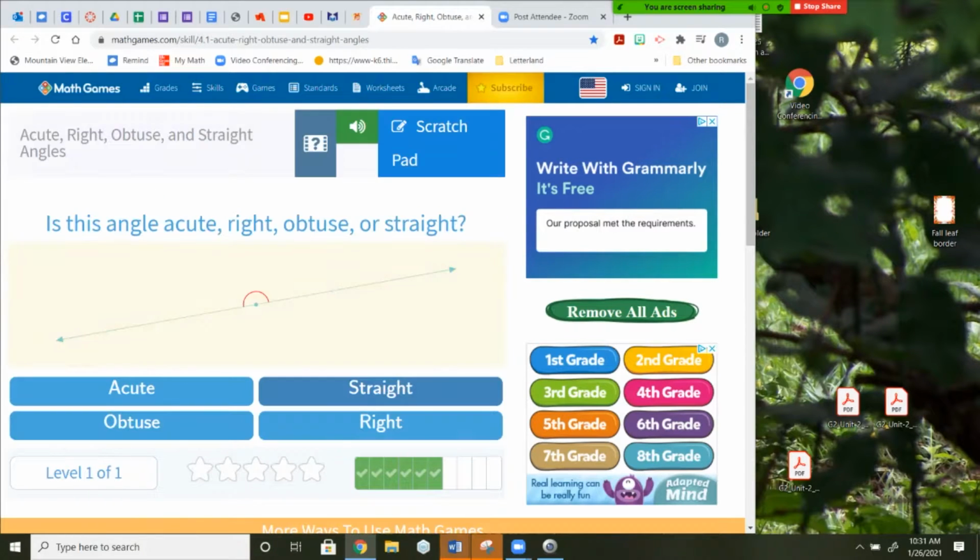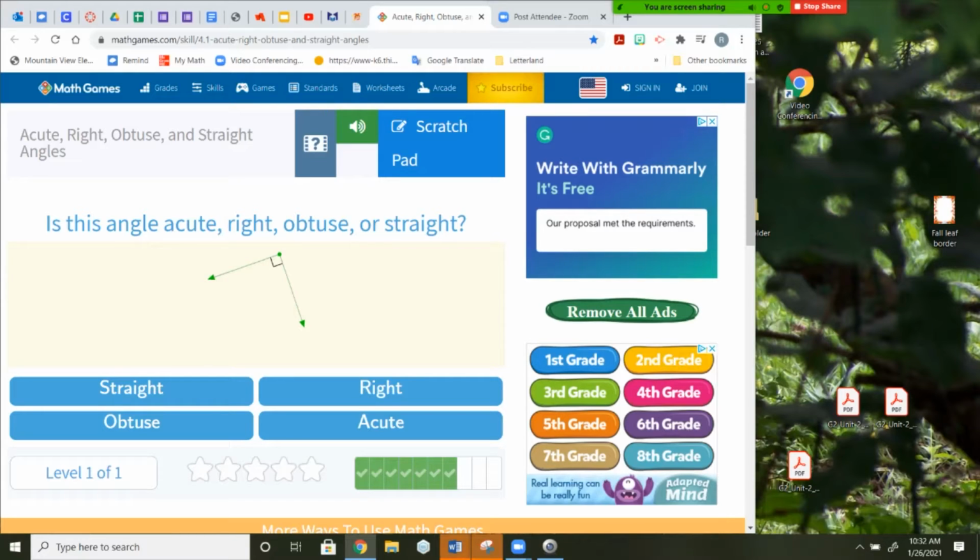Nice work. Now, what about this one? Is it acute, right, obtuse, or straight? Straight. It's a straight line, isn't it? Correct. Oh, we got 3 more to go. Now, is this angle acute, right, obtuse, or straight? Notice what's in the corner. This one's got that square, not that curved line.